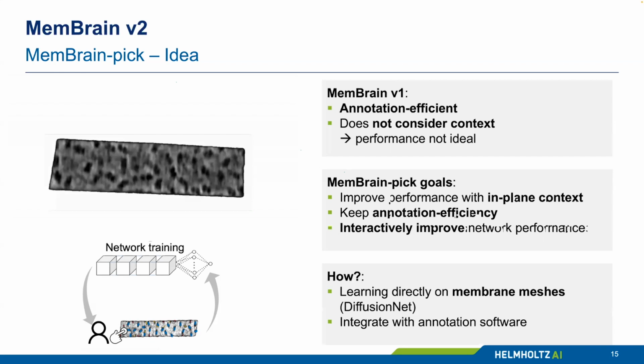So we got this better in-plane context to improve the performance by learning directly on membrane meshes instead of using the volumetric representation of the data with the DiffusionNet architecture, and we integrated it with an annotation software, which is Surfarama, which I will also show in one of the next slides. But that worked really nicely.